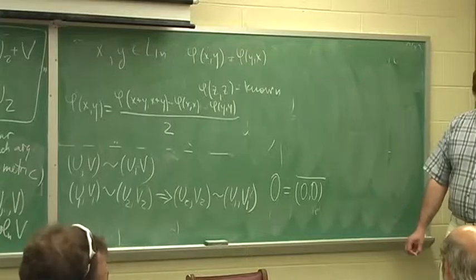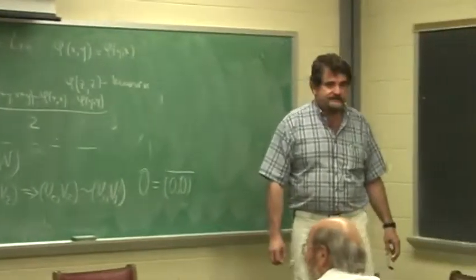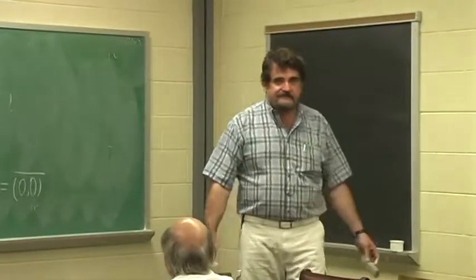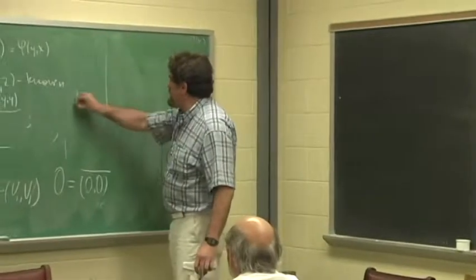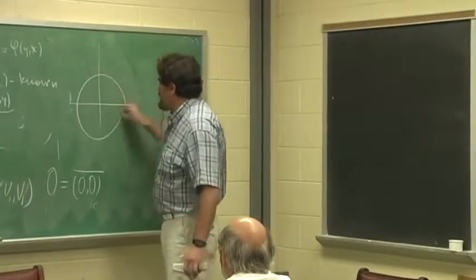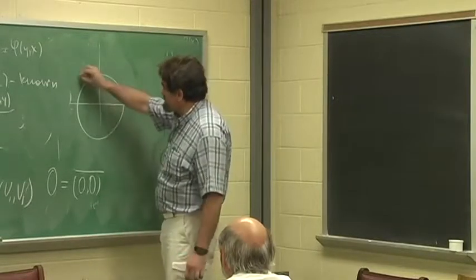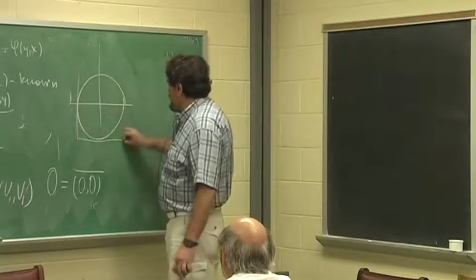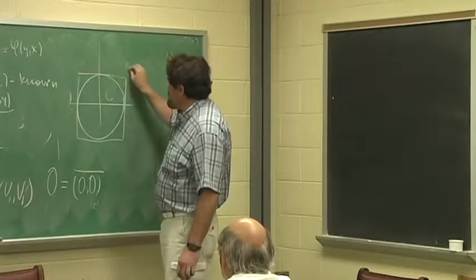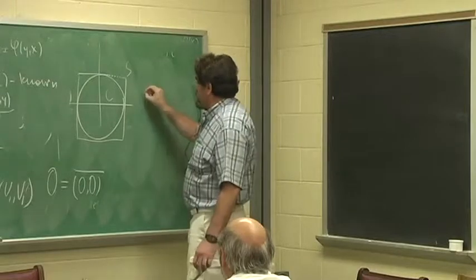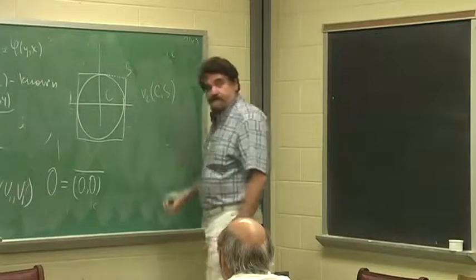Yes. And what are your favorite convex bodies? Circle. And what else? Another one. And a square. It is a circle and a square. What is V2 of circle and square?